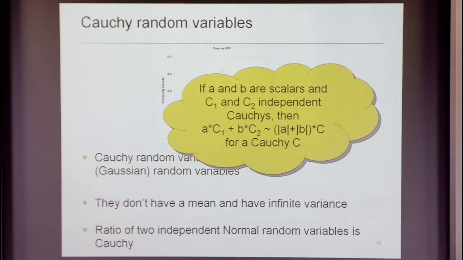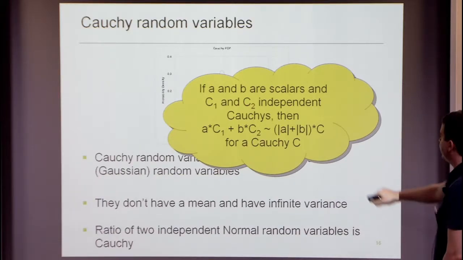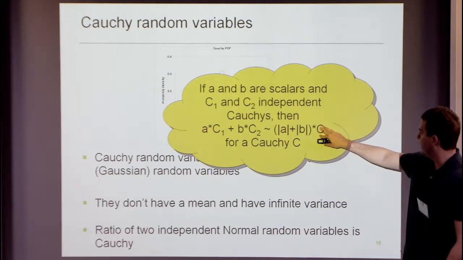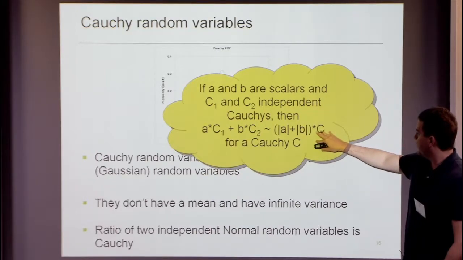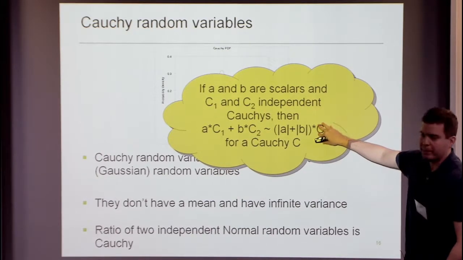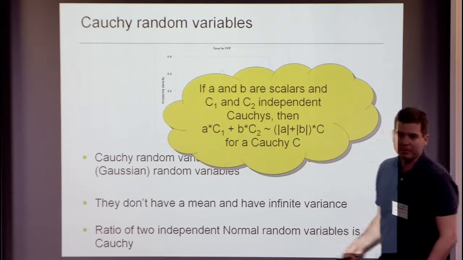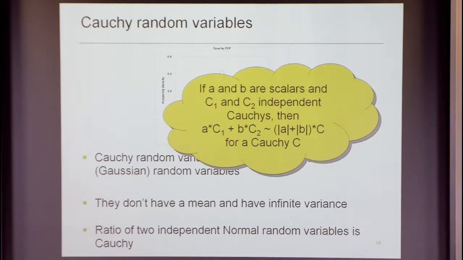So the C there is a function of A and B also, or not? C by itself is just an independent Cauchy random variable, which is a function of C1 and C2. Oh, right, not of A and B. So what is this property saying then? If C is a function of C1 and C2, then I don't understand what this property says.